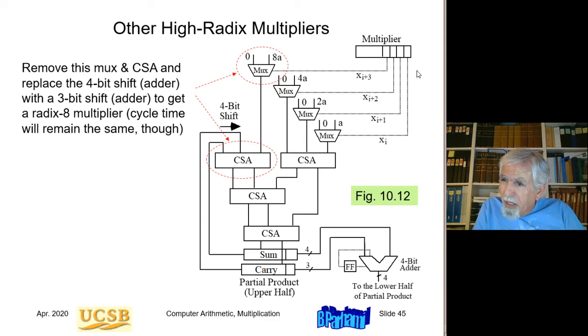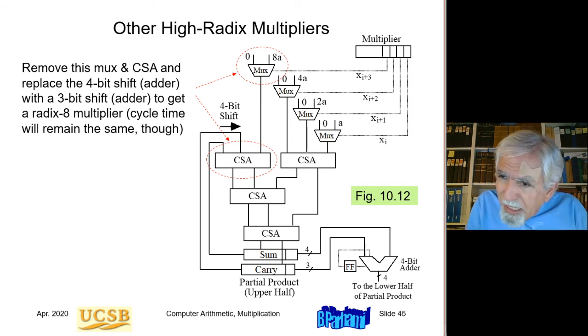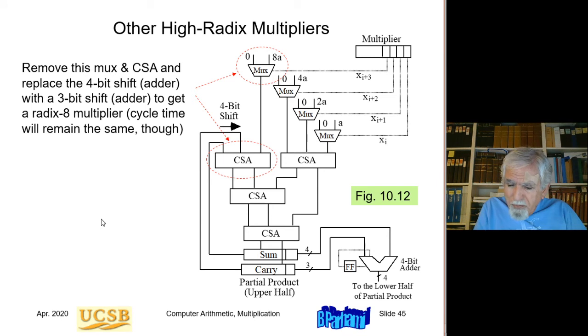So if I go beyond radix 4, I might as well go to radix 16, because the cycle latency is the same. At least with this particular design, the cycle latency is the same for radix 8 and radix 16. And radix 16 has k over 4 cycles, as opposed to k over 3 cycles for radix 8.